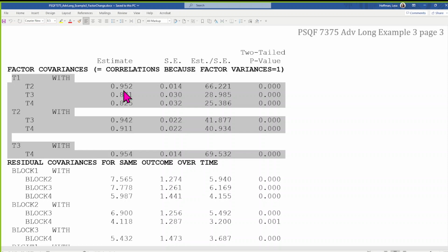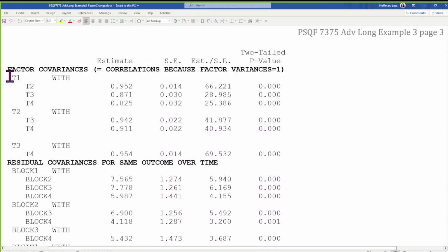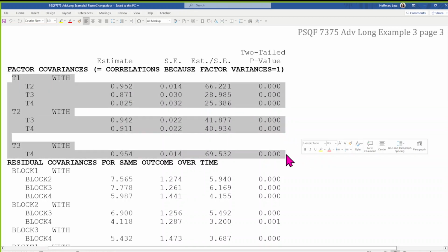In the same way that our lower order factors are recreating the covariances of our observed outcomes, any higher order factors are recreating the covariances of the lower order factors. It works the same. Because all of the factor variances are currently standardized to 1, these are correlations. So yes, if you did well at one occasion, you did well at all of the occasions. It looks like this is a fairly consistent trait.